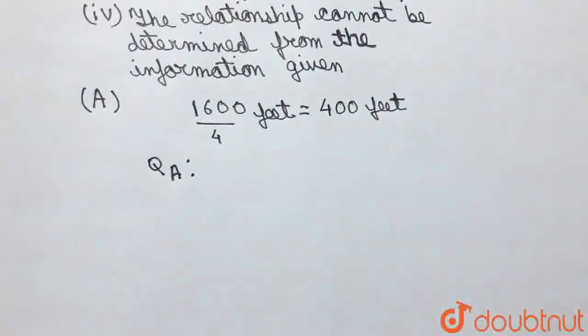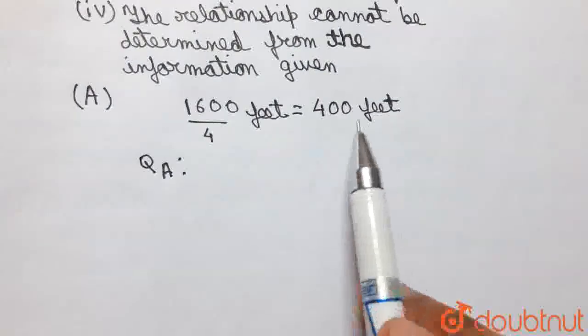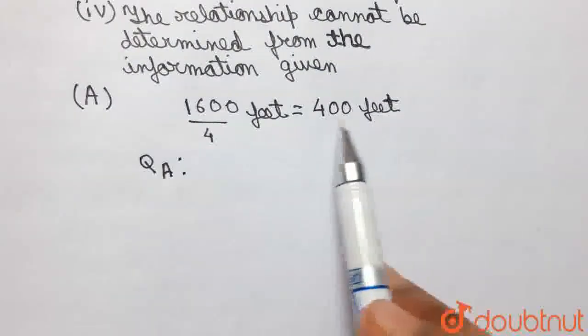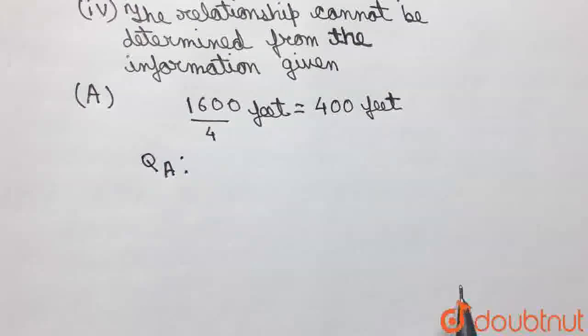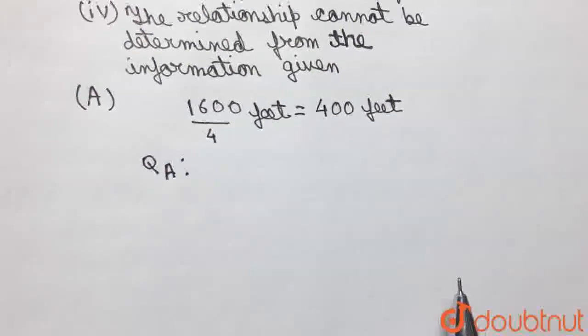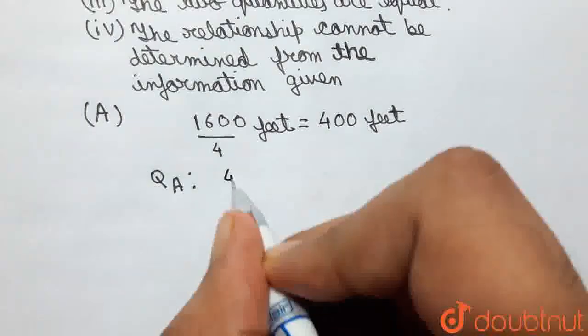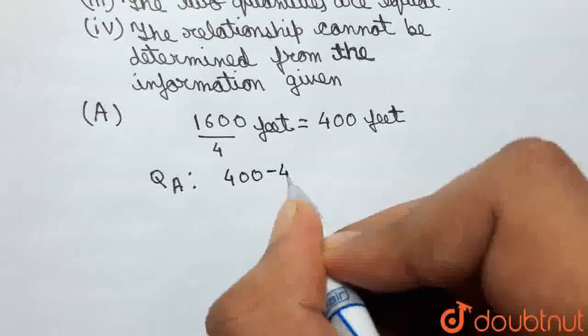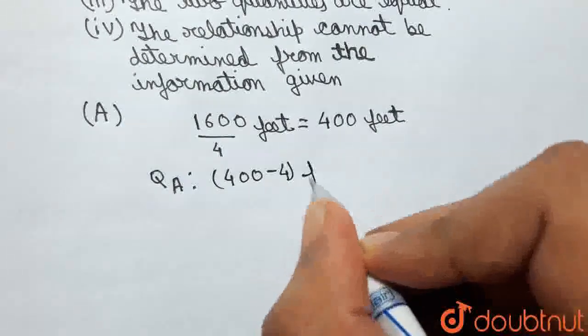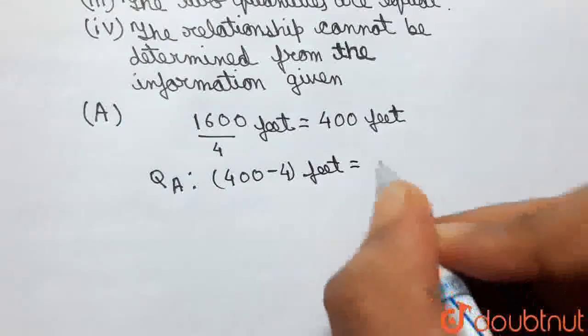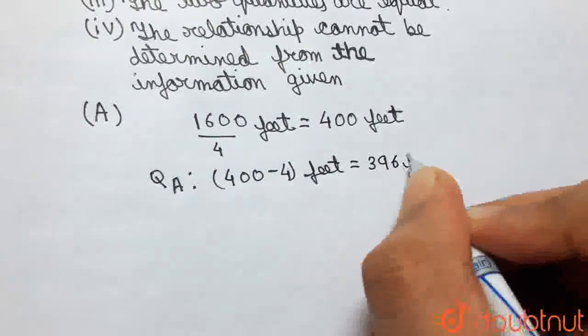As discussed before, currently, both the length and width of the square plot are equal to 400 feet. Now, quantity A states that the length has to be reduced by 4 feet. So, after being reduced by 4 feet, the length will be 400 minus 4 feet, which is 396 feet.